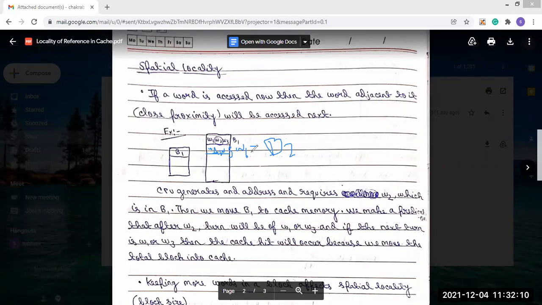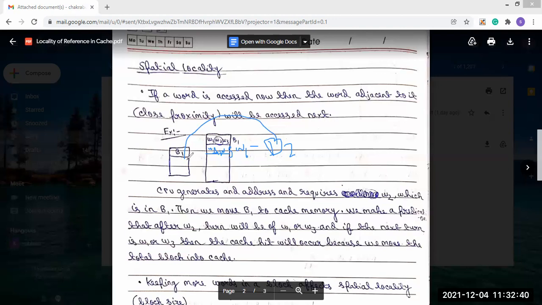So when the CPU wants to access, let's say the CPU wants to access word number 5. For this, block B2 should be transferred. But if we accommodate W1, W2, W3, W4, W5, W6, all of these words inside block 1, then with only one block transfer the CPU will be able to access word number 5.